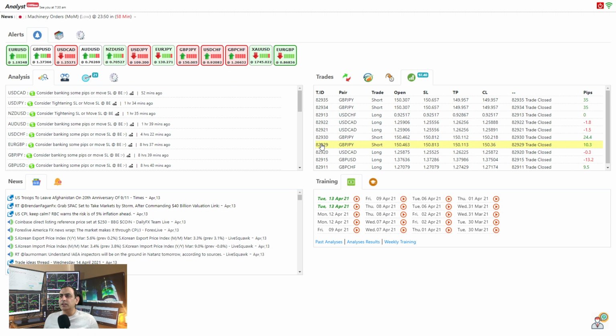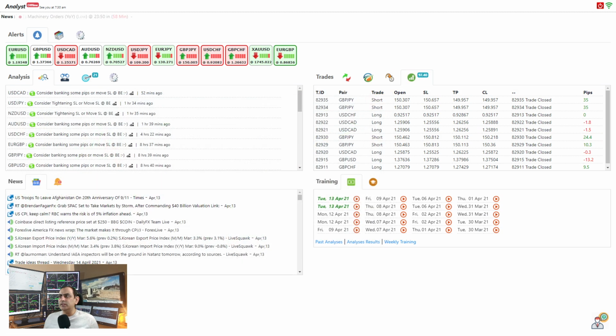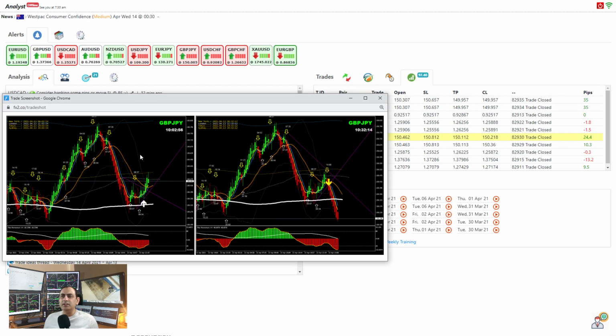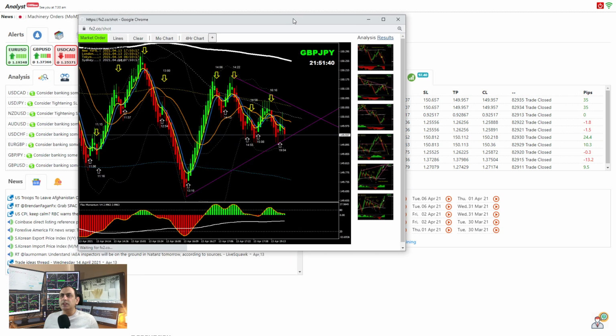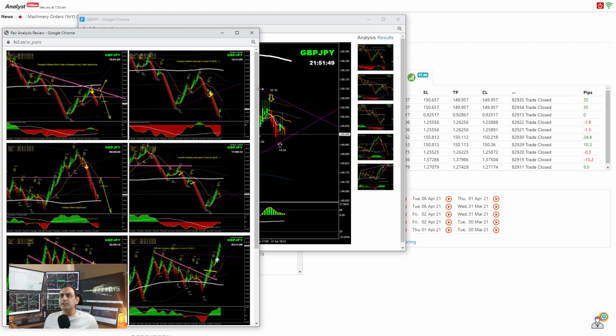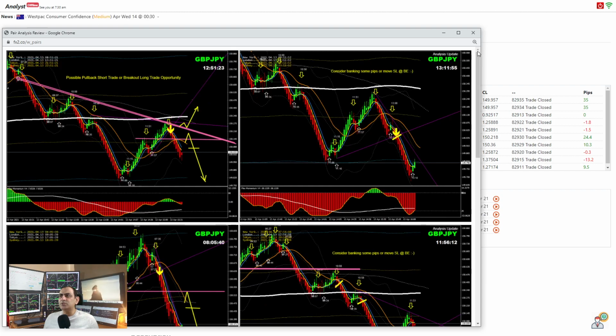For example, you can see this one is a trade based on the pullback, and then again 24 pips. Again, this was on the pullback. That's the entry. And let me explain the pound yen analysis. He took all these pullback short trades.